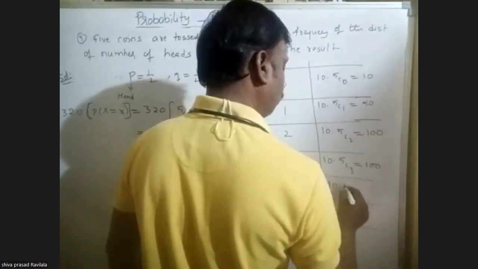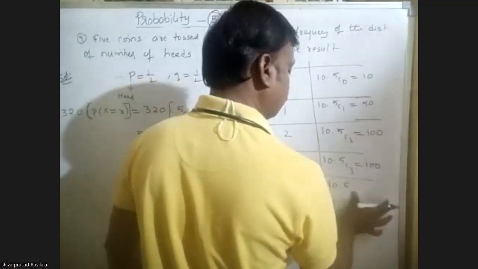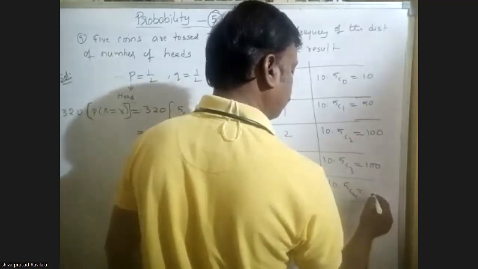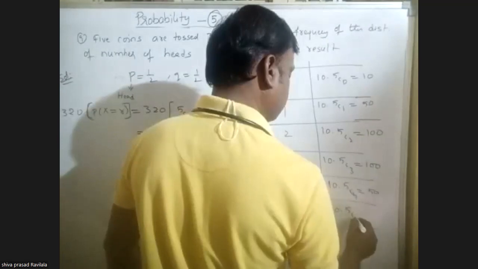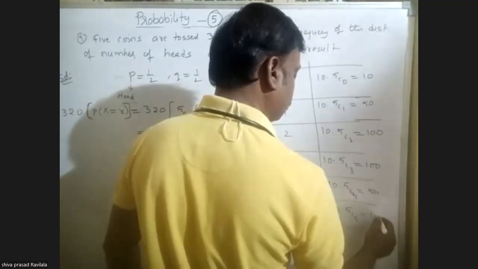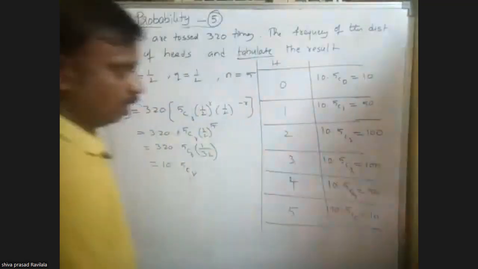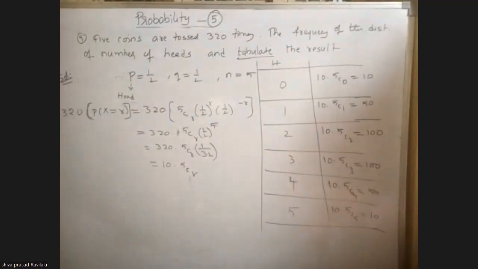And 10 into 5C4 for 4 heads, 5C4 is 5, so 10 fives are 50. 10 into 5C5, nCn, that is equal to 10. Sum of all these: 100 plus 100 is 200, plus 100 is 300, plus 50, plus 50, plus 10, plus 10, that gives 320. The answer is also 320.